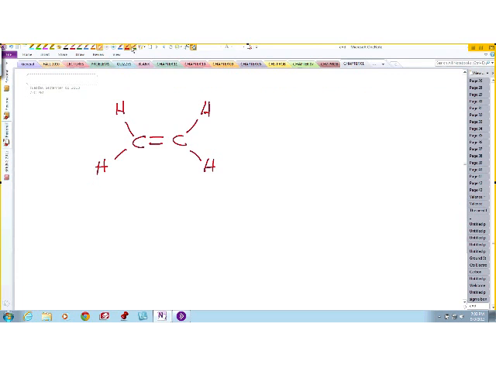Okay, so therefore, what do we have? We now have, this is the case of ethylene. So I am going to now simply say we have those are the p orbitals, and these are the 2 p orbitals, right? After the electronic promotion, we have 1 electron here, 1 electron here, 1 electron here, and 1 electron here.